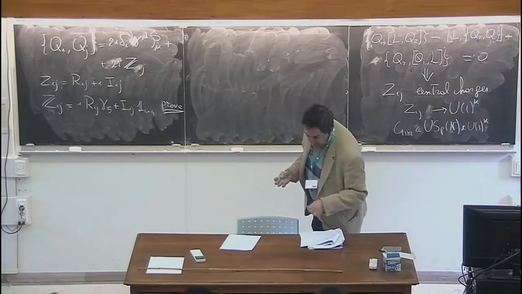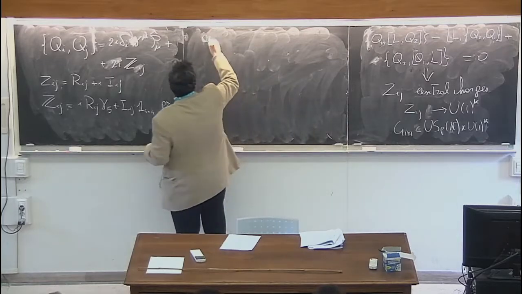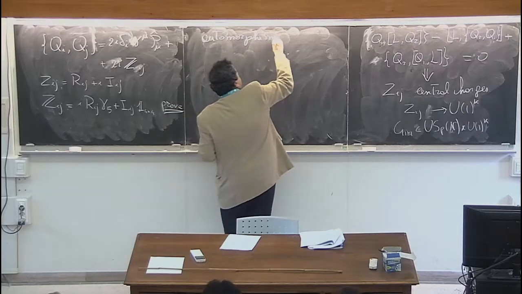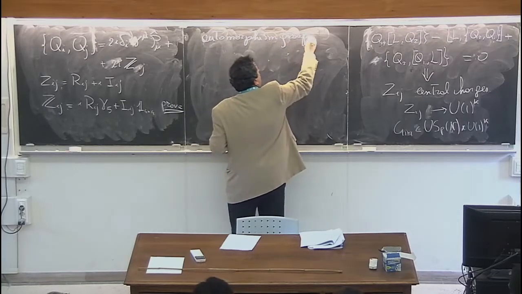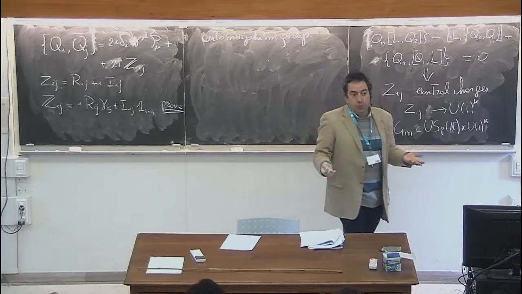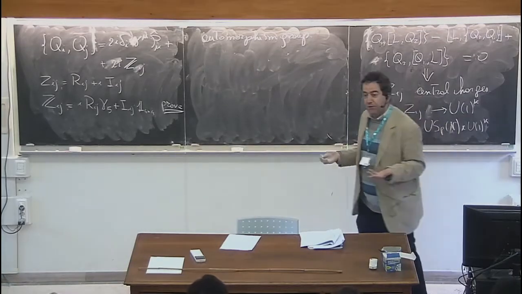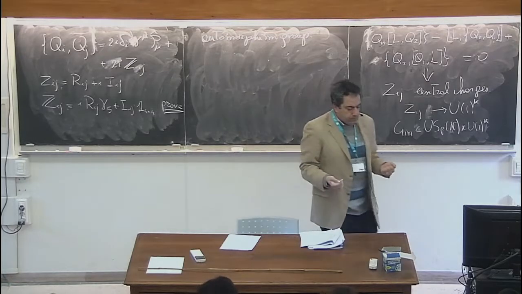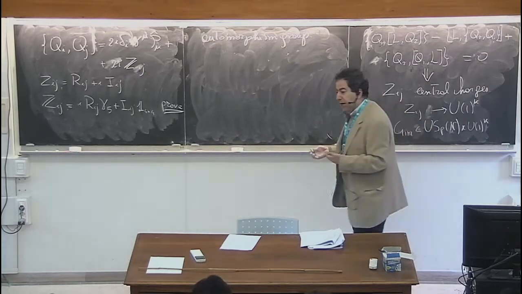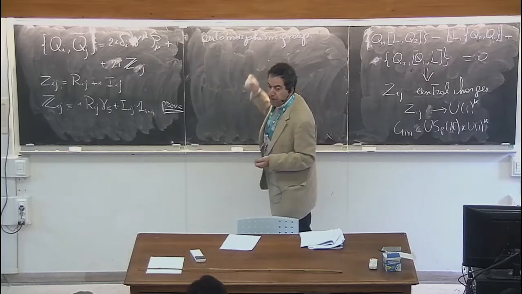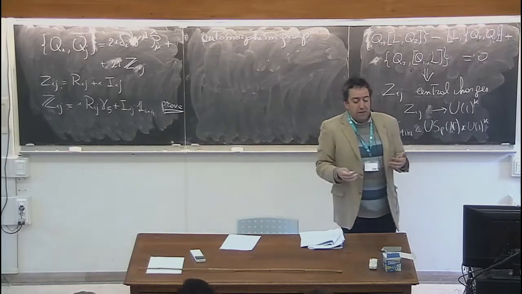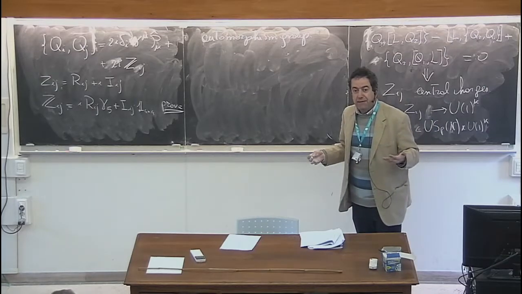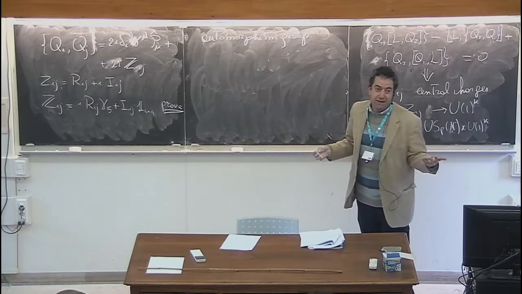In particular, there are transformations which are not in the group, but which are in the super Poincaré group, and which are automorphisms of the algebra. Namely, they leave the structure constants invariant.